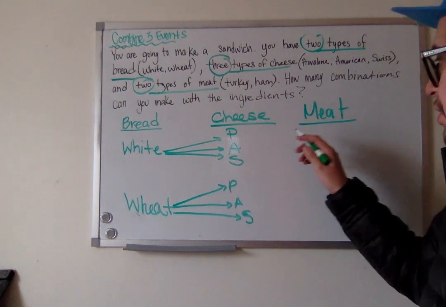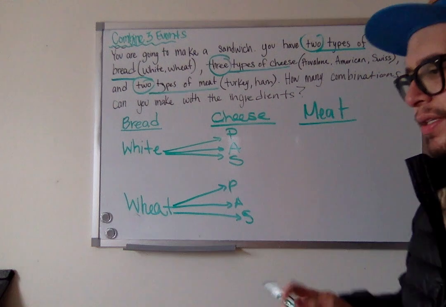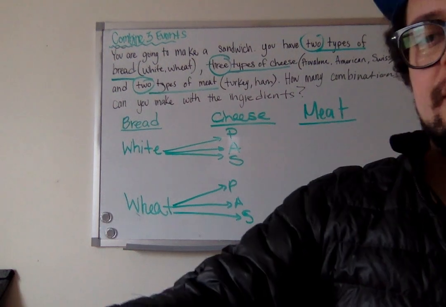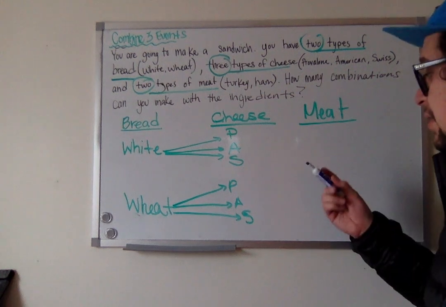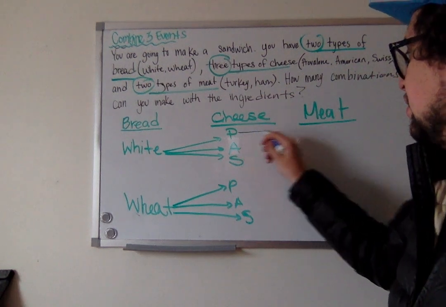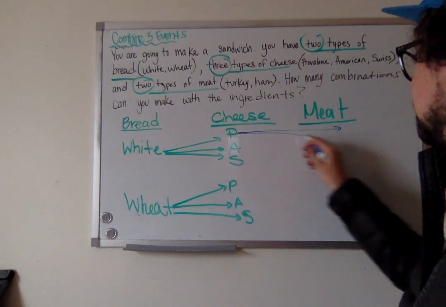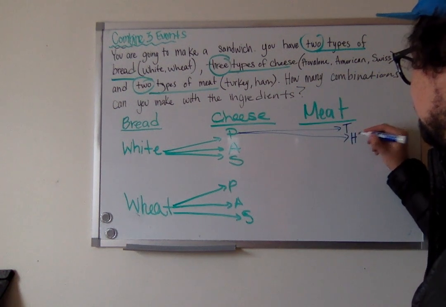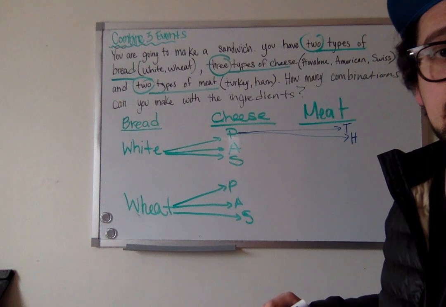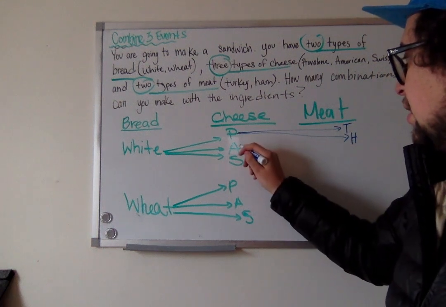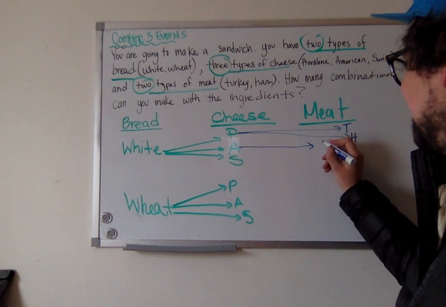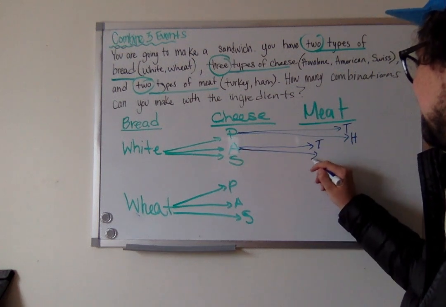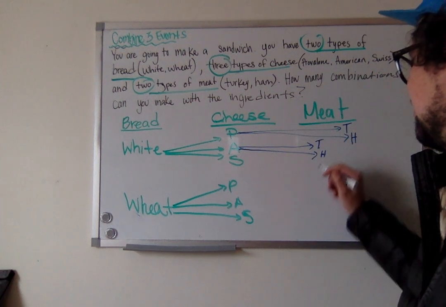So with each one of these cheese options, I can combine it with my meat. So I can take my provolone and I can mix it with turkey or ham. I can take my American and mix it with turkey or ham.